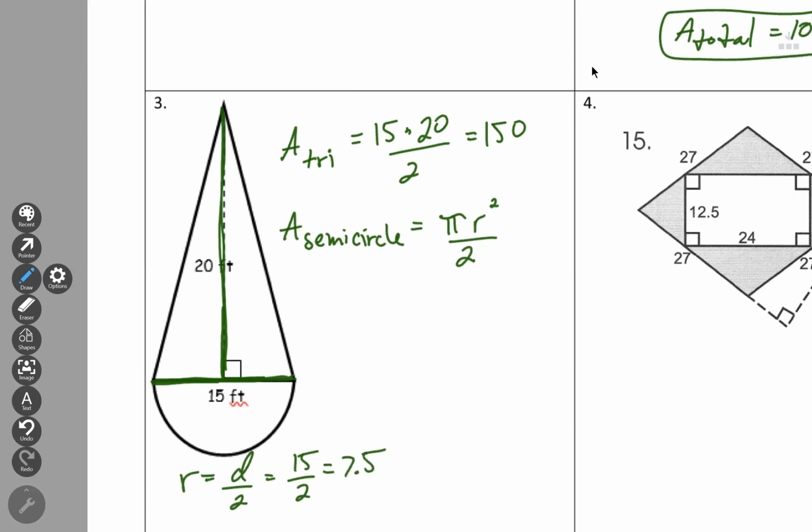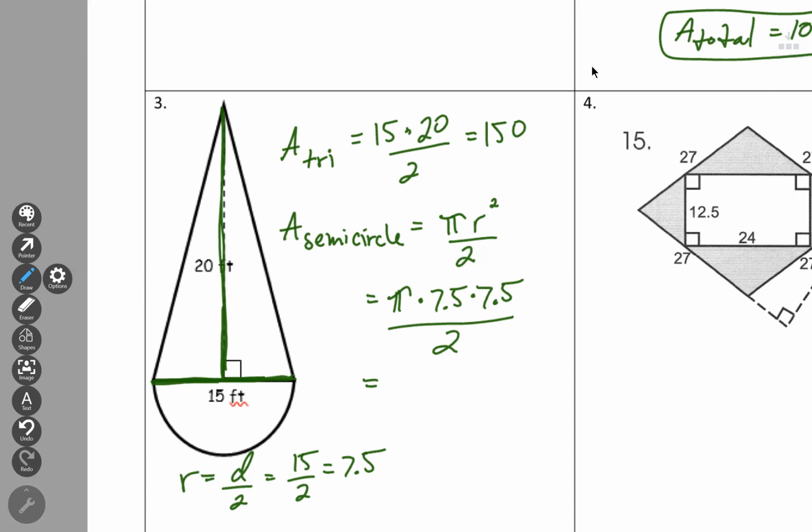So now we're just going to plug it into our formula here. Pi times, and then remember, r squared, it's r times r. So 7.5 times 7.5, and then we only want half the circle, so we divide by 2. So let's put that in our calculator.